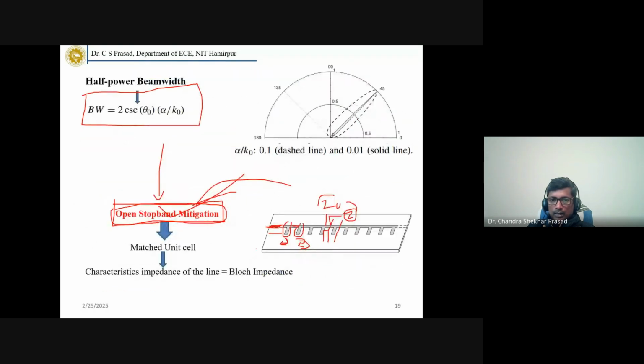So in summary, the mitigation of the open stop band is the matching of the unit cell impedance with the main transmission line characteristic impedance. That is the important part.